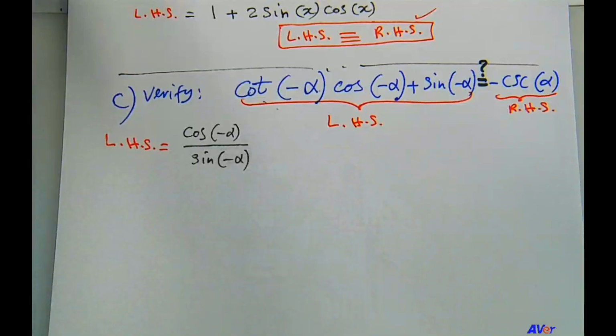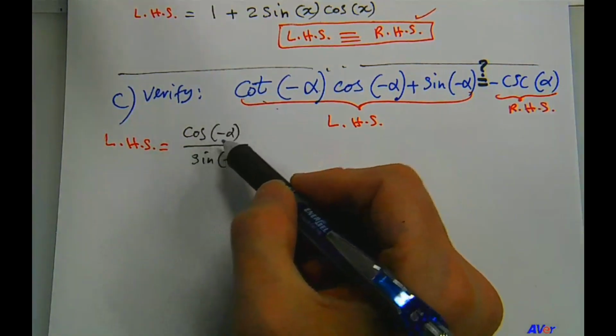This is where our discussion of even and odd trigonometric functions becomes very useful. Out of these 6, sine, cosine, tangent, cotangent, cosecant, secant, which ones are even? There are only 2 of them. They are cosine and the reciprocal of cosine, which is the secant function. Only those 2 functions are even. The other 4 are odd.